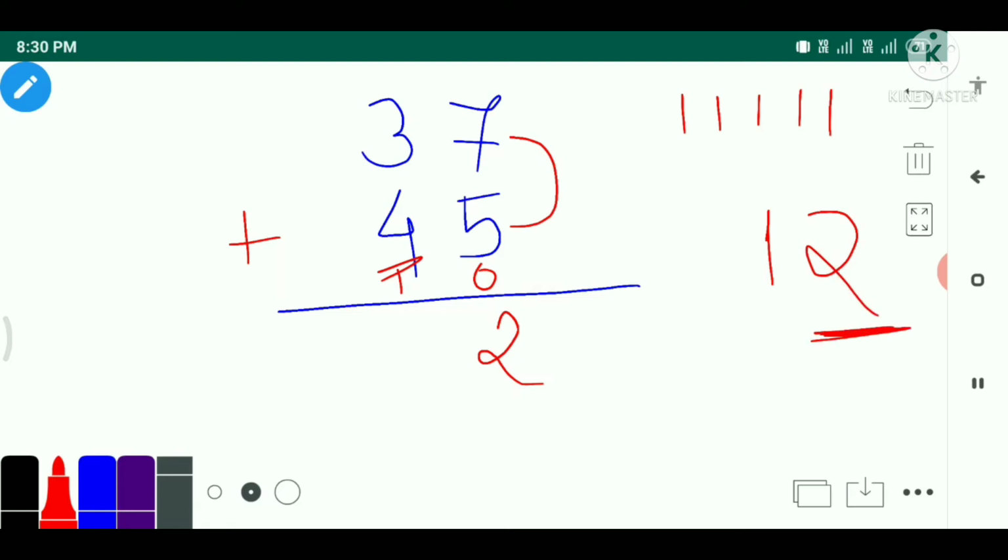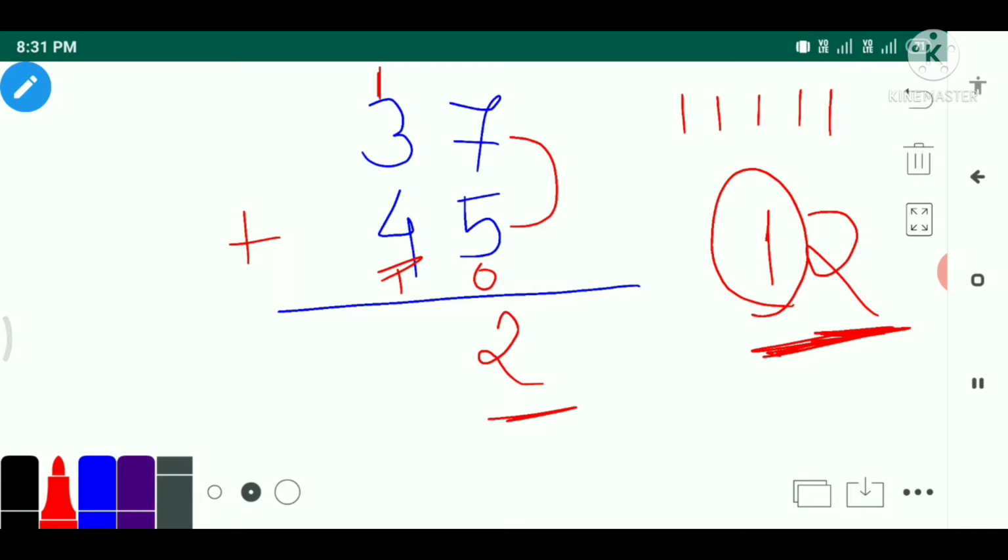So we'll write 2 here, because we can place only one number in ones place. Ones is the single digit. We can't place 1, 2, that is 12, in ones place. So in regrouping, we'll put 2 in the ones place and we'll give this one to the tens place.